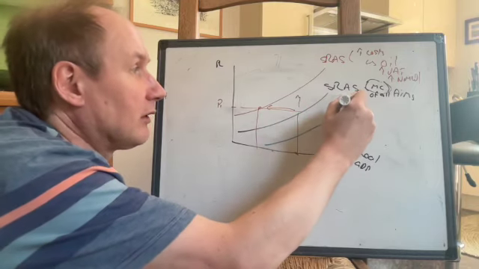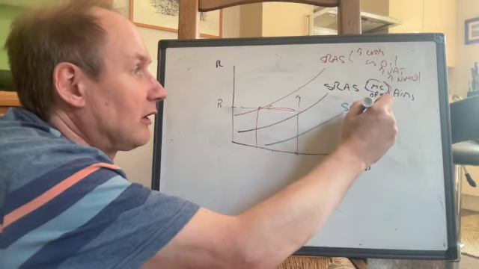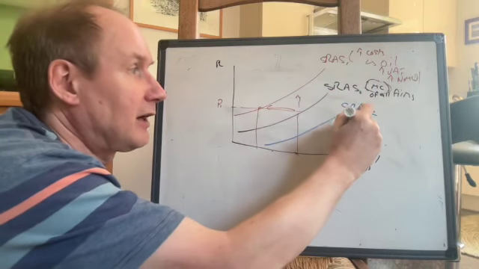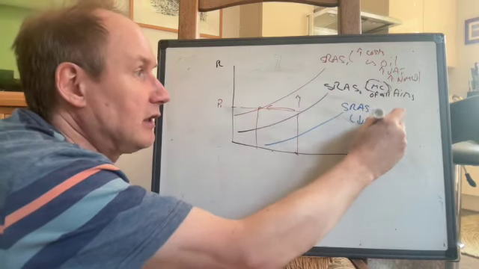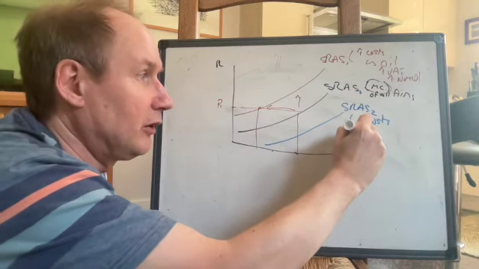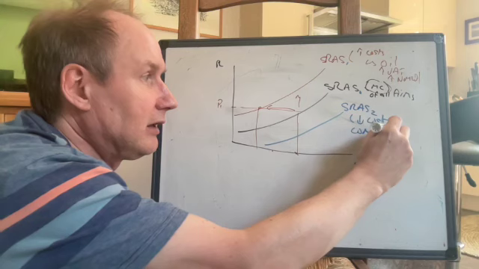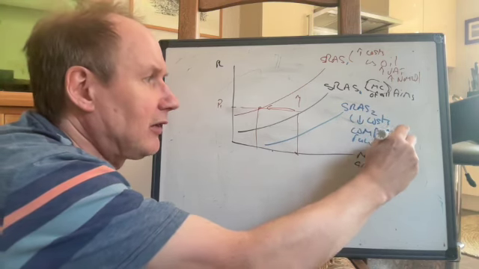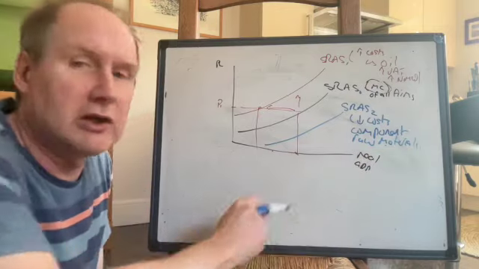So SRAS1 shifting to SRAS2 is caused by a decrease in costs in some sense. Again, things like oil prices, component costs, raw materials, any of those sorts of things that are going to have an impact across the economy as a whole.